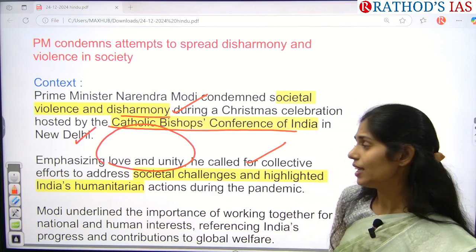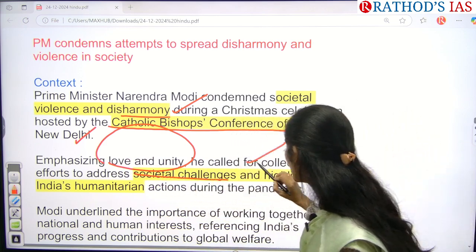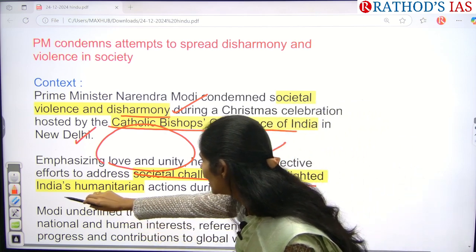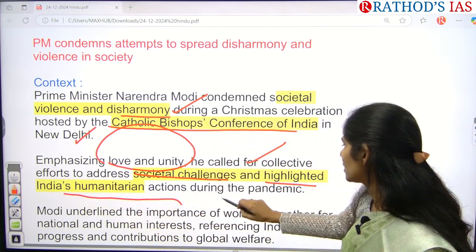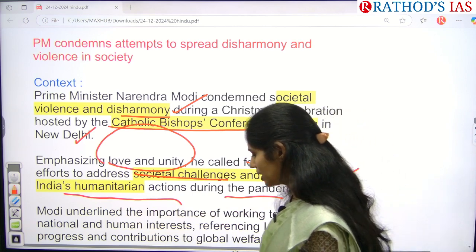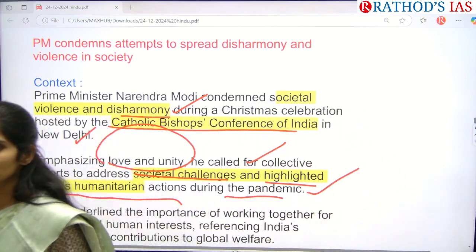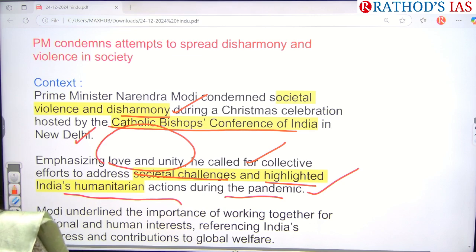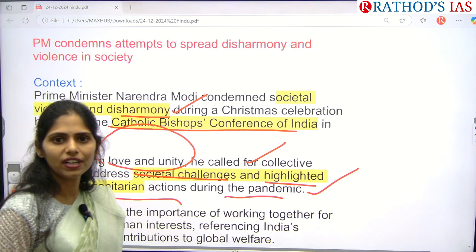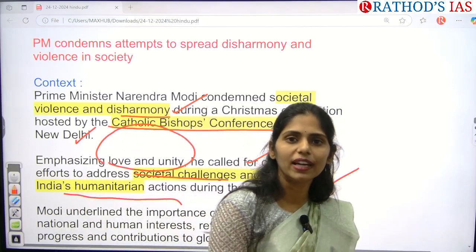Everyone needs to make efforts to address societal challenges, and he also highlighted India's humanitarian actions during the pandemic. He said that India is a secular state, so we treat each and every religion as equal, and we do not give priority to any religion.